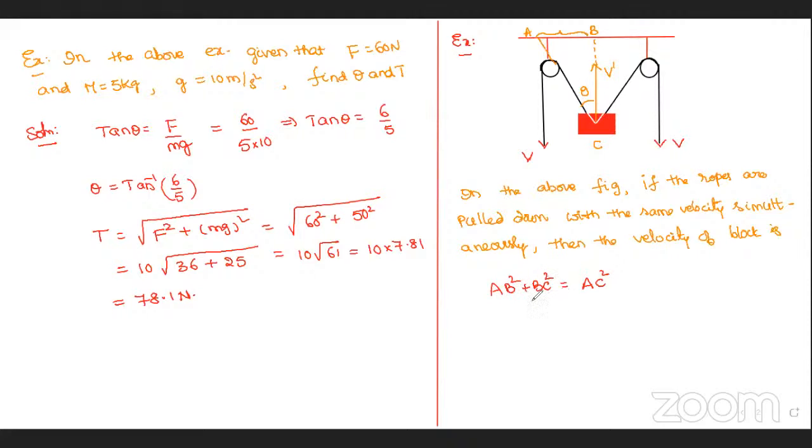Yes. Now this is from right angle triangle ABC. Now I'm going to differentiate this equation on both sides, like d by dt of AB square plus BC square equals d by dt of AC square. Then you may ask, why are you differentiating this equation, sir? First, you wrote it using the right angle triangle concept, Pythagoras: hypotenuse square is equal to side square plus side square. I accepted that, sir.